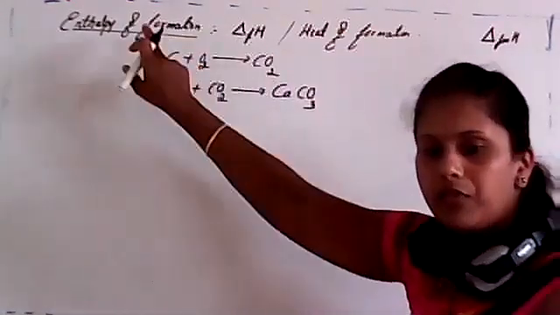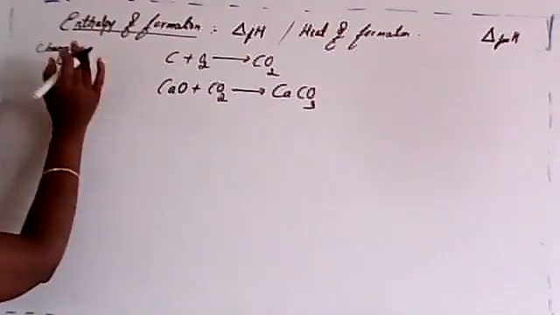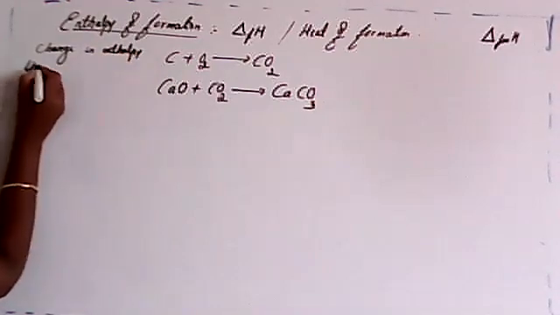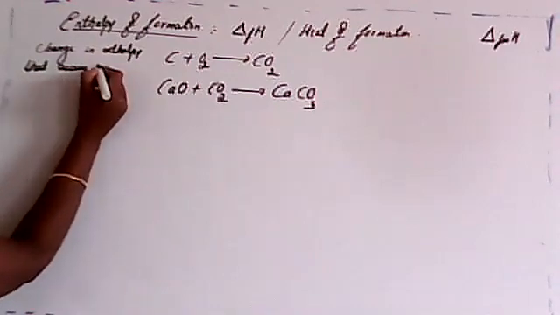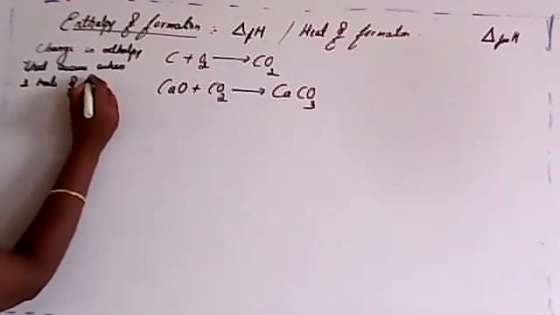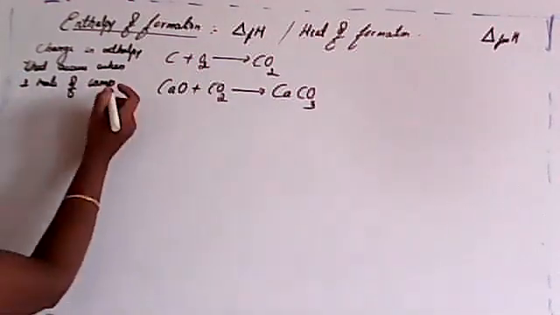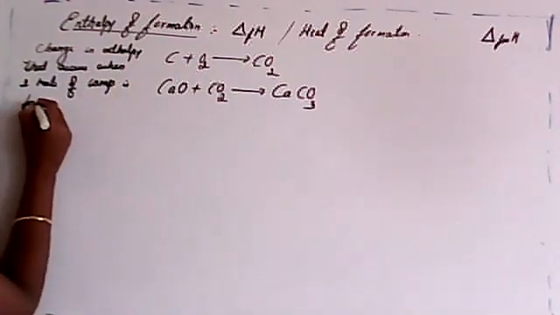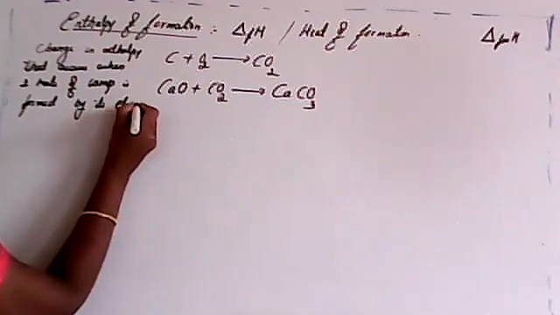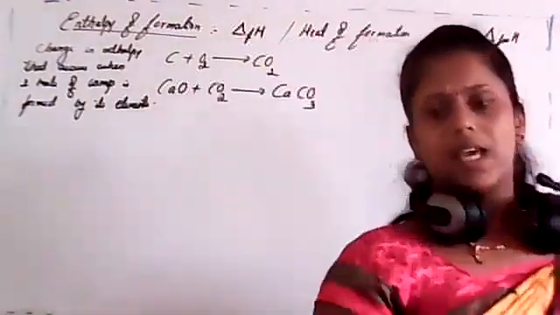Enthalpy of formation is nothing but the change in enthalpy that occurs when 1 mole, very important, 1 mole of compound, that may be solid, liquid, whatever it is, is formed from its elements.